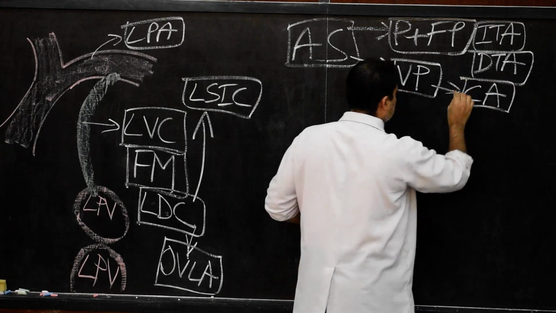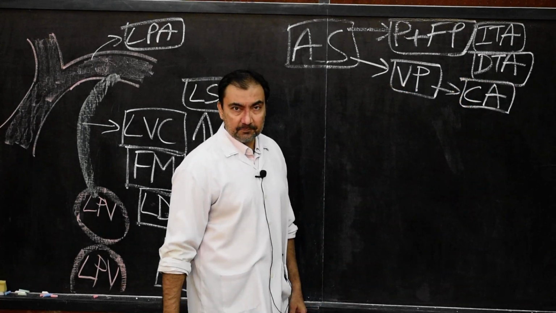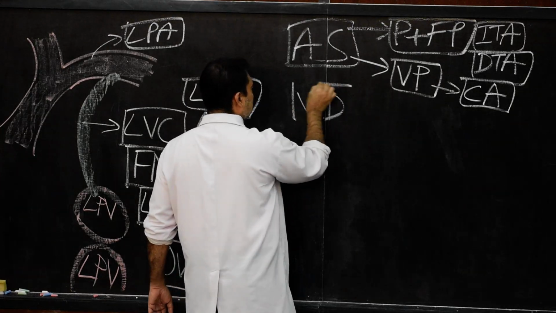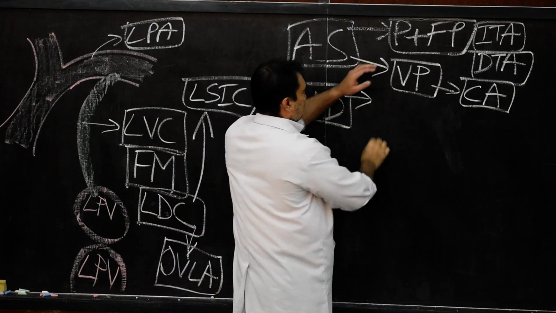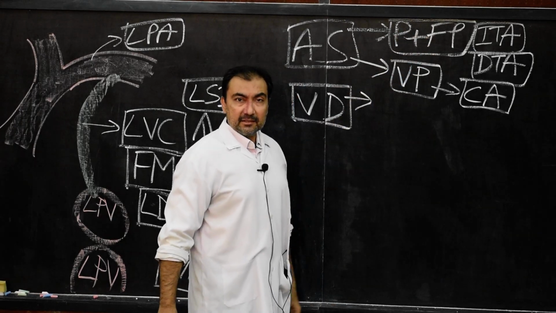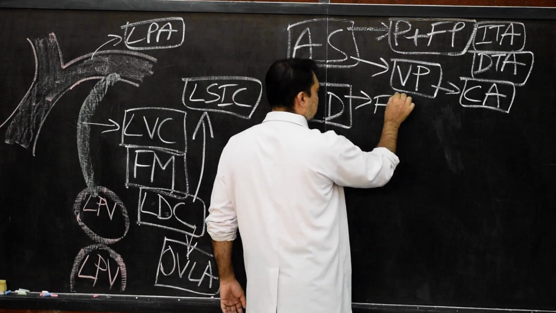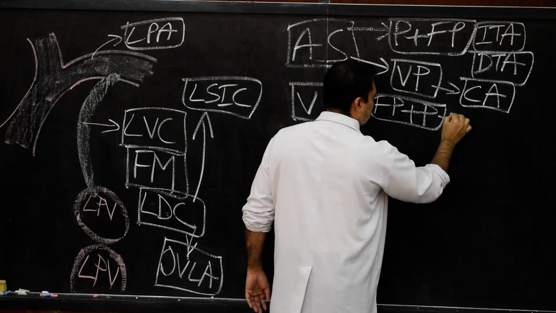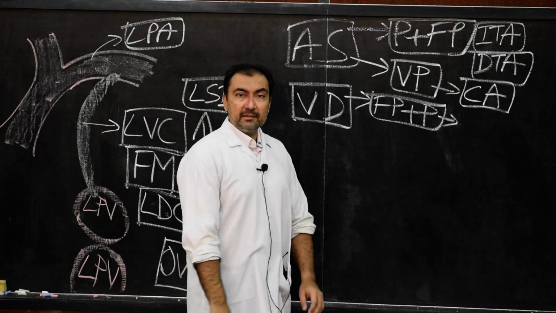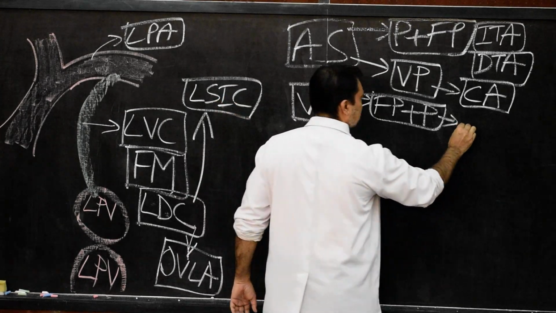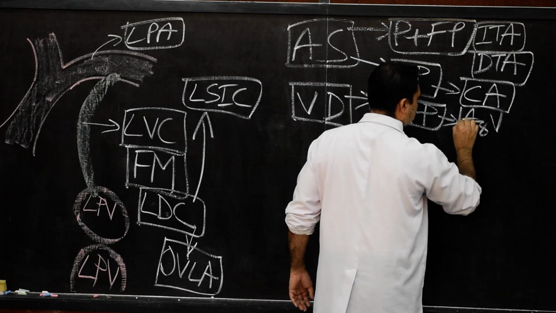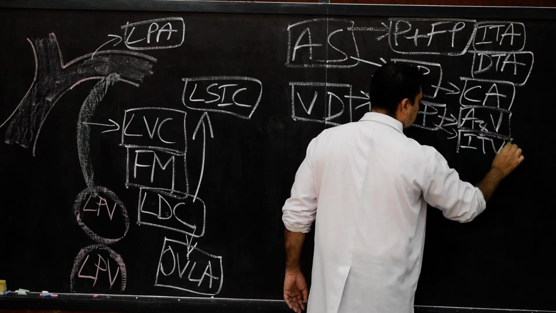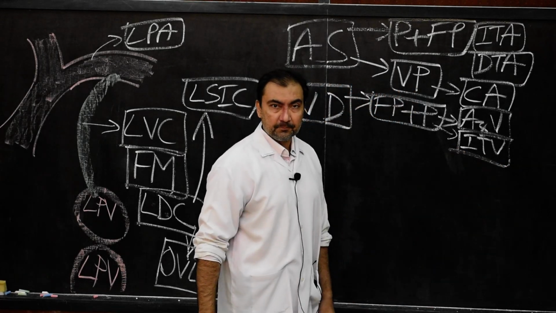Then the venous drainage: once again, for the fibrous pericardium and the parietal layer of serous pericardium together, the venous drainage will be into the azygous vein as well as the internal thoracic vein.